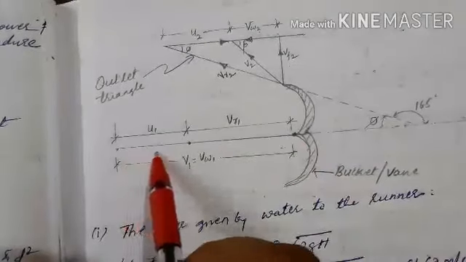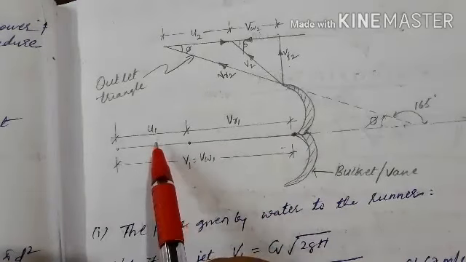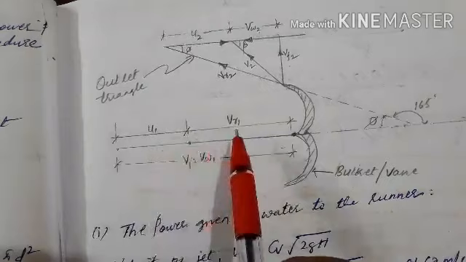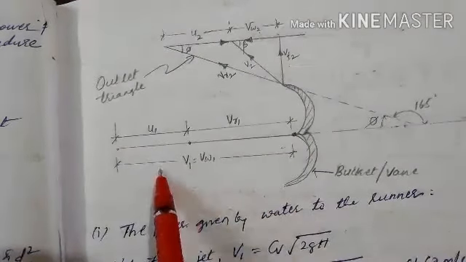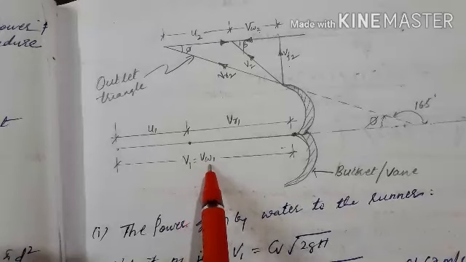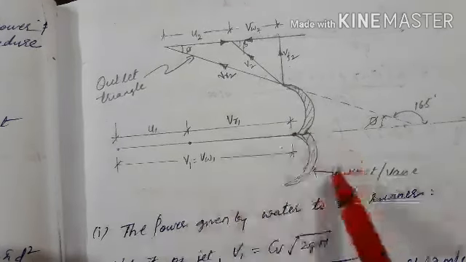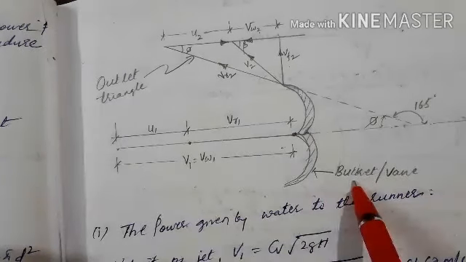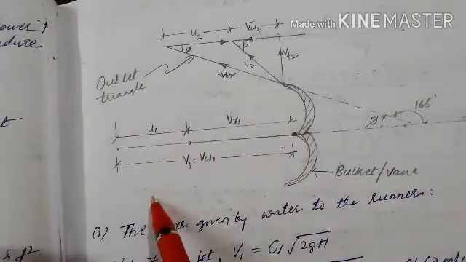You have to mark all the components of the velocity: the velocity of the vane u1, the relative velocity of the jet with respect to the bucket, and the jet velocity, which is equal to the whirl velocity. At inlet there will not be any flow velocity, and the bucket will be moving in this direction. So this represents the inlet velocity triangle.